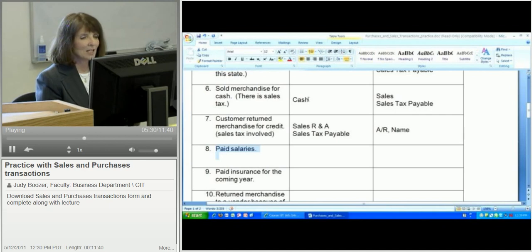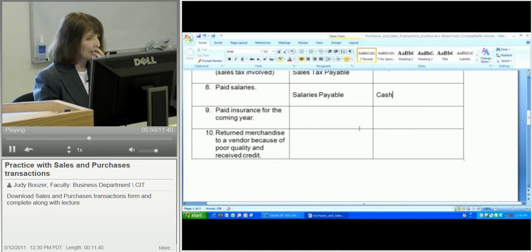Now, number 8 is also review. Paid salaries. And cash. And this one, just did this one a little bit ago. Paid insurance for the coming year. Good. Increasing the asset, prepaid insurance, and credit cash. Do you like that those are so easy now?